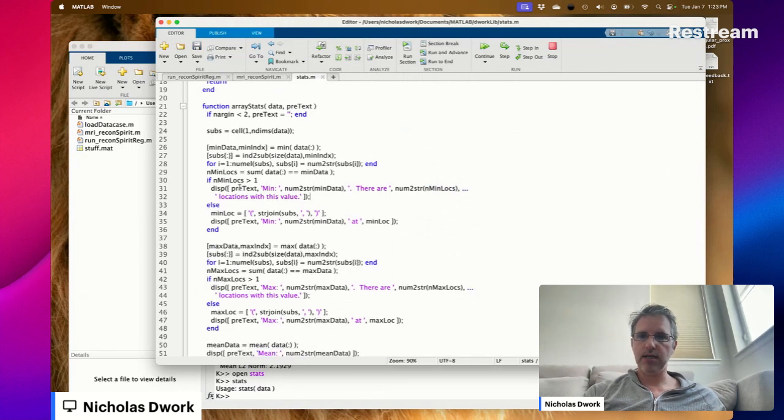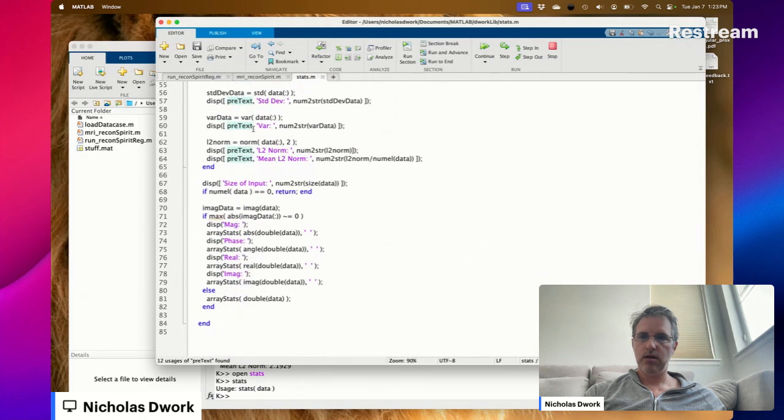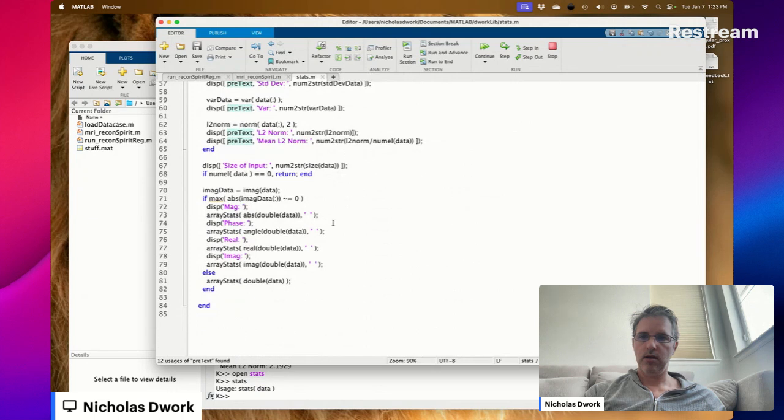What is this pretext? Where does pretext come from? I'm not sure, but I think I set this up. This looks like recursion, right? Oh, no, no, no, I see.